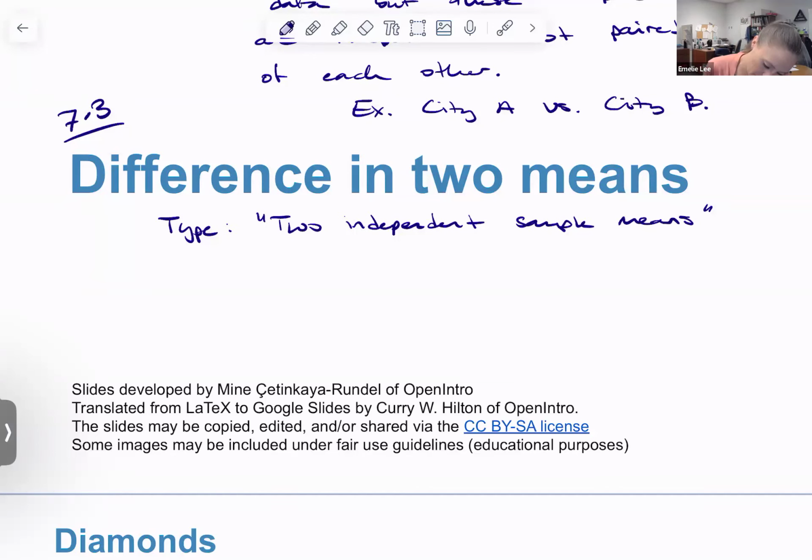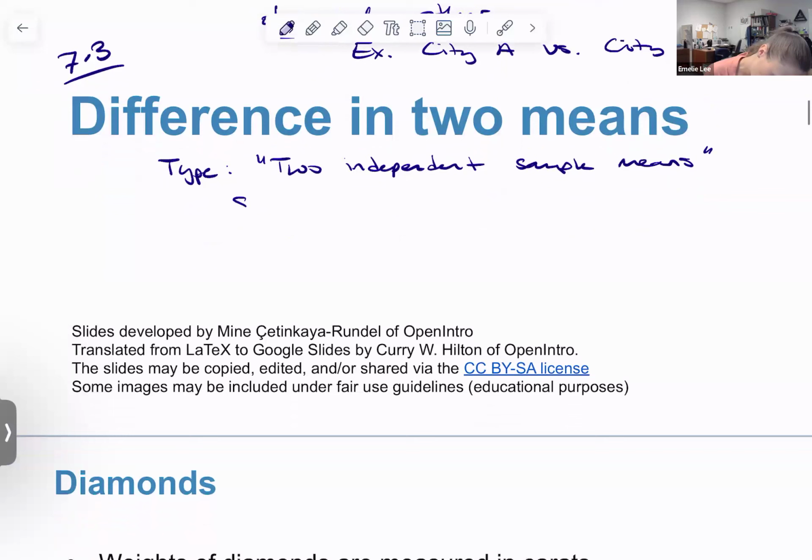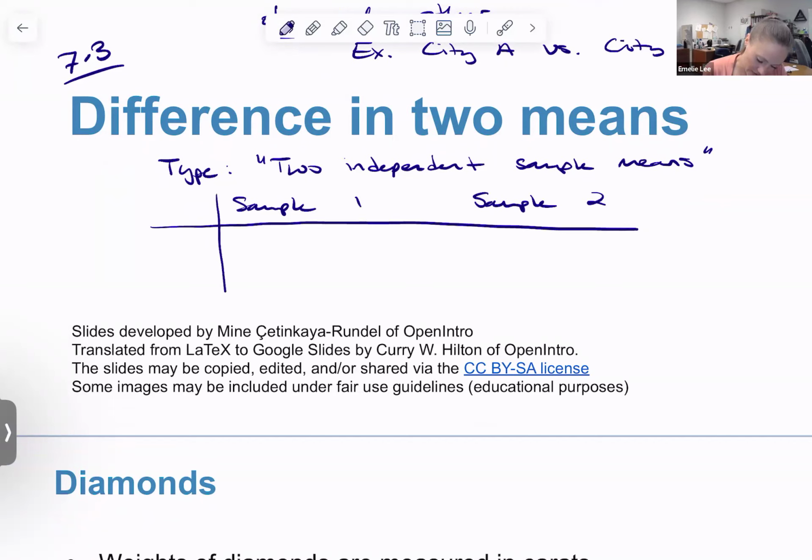Now, the problem is that we're going to have sample 1 and we're going to have sample 2. Just as before, we saw this scenario with proportions as well, right? We're going to have some x bar, some sample standard deviation, and some sample size.